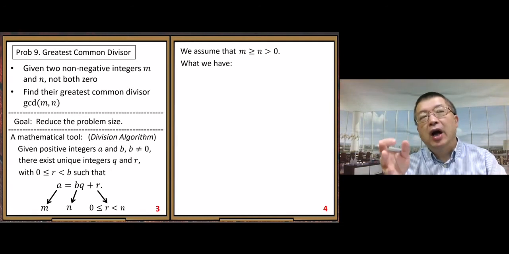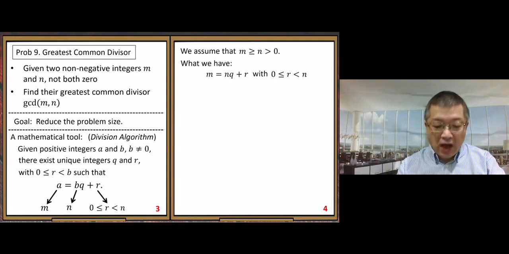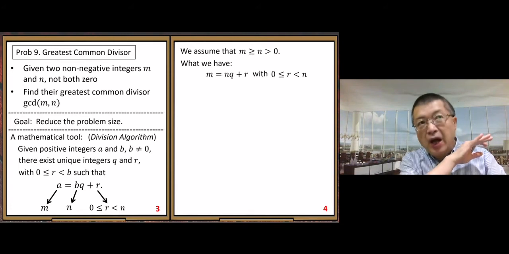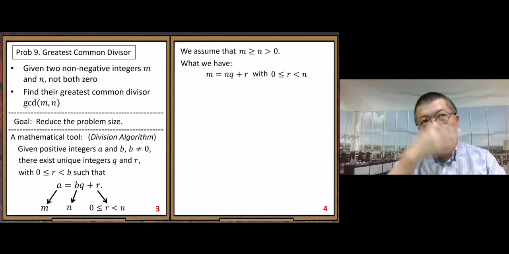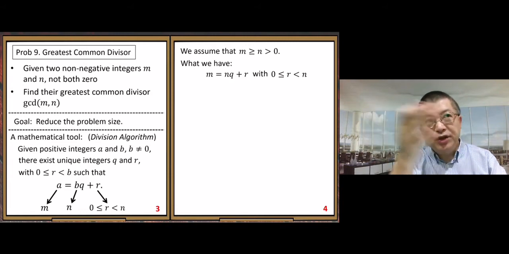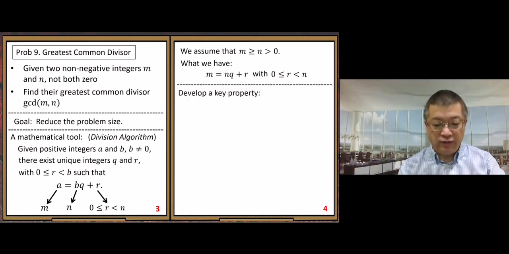So let's take a look. How do we do the problem size reduction? After we use the division formula to write the m-n relationship, then we need to do a formula transformation.